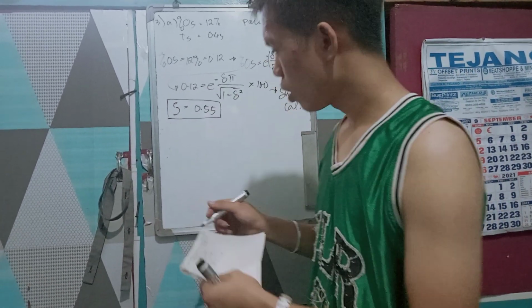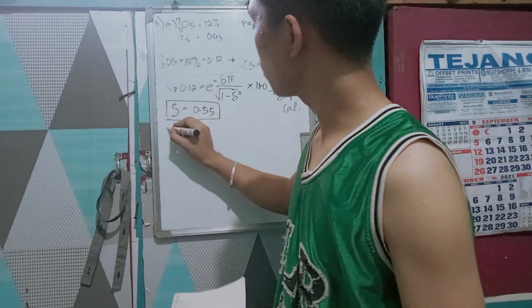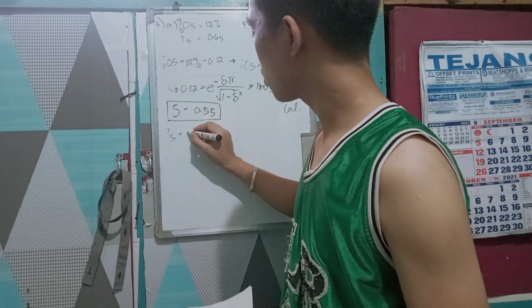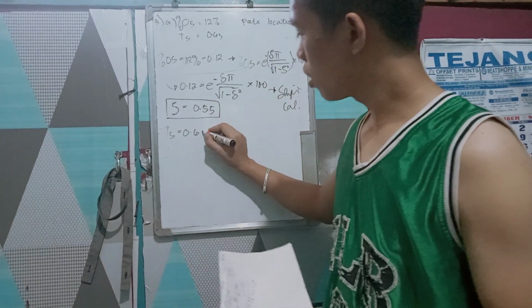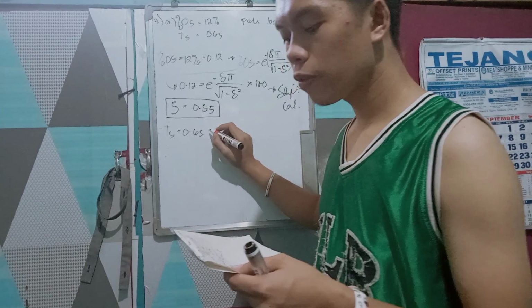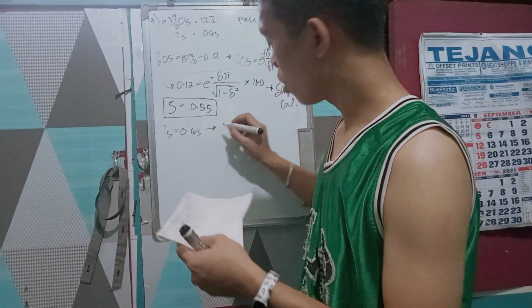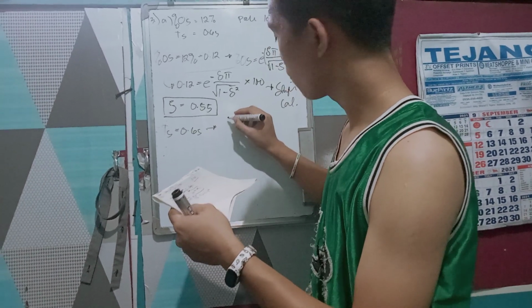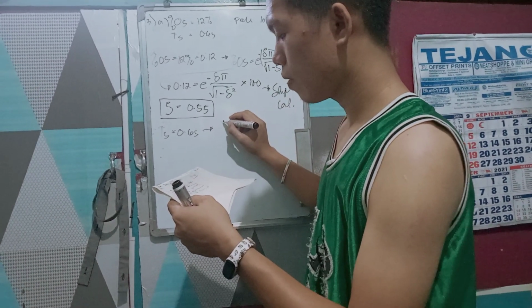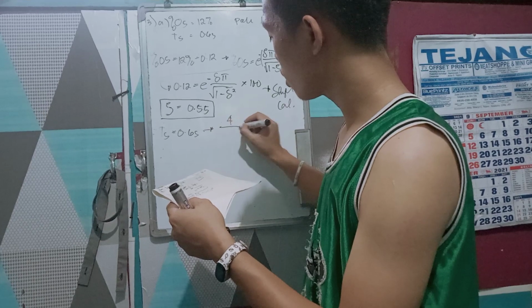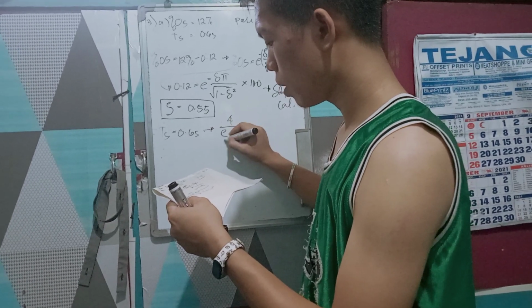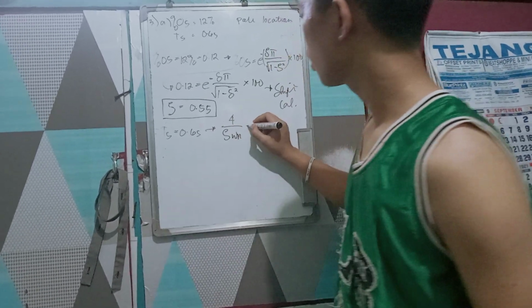So for Ts, we have 0.6 seconds. So in finding for WN, from the equation, 4 is equal to damping ratio times WN.